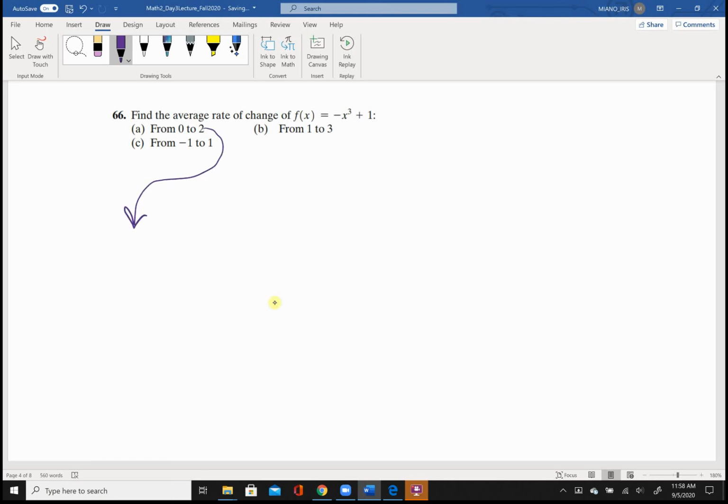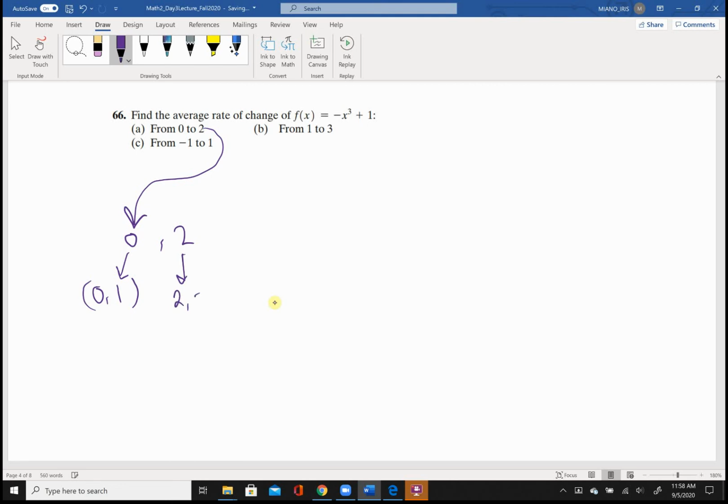So from 0 to 2, the ordered pair is the thing you want to grab for each of those two locations. 0 and 2 each being separate inputs. So if 0 is the input, plug in 0 to your function, and what do you get? Well, you get the output as being 1 because this little guy zeroes out. So when the input is 0, the ordered pair is 0, 1. When the input is 2, the ordered pair is 2, -7.